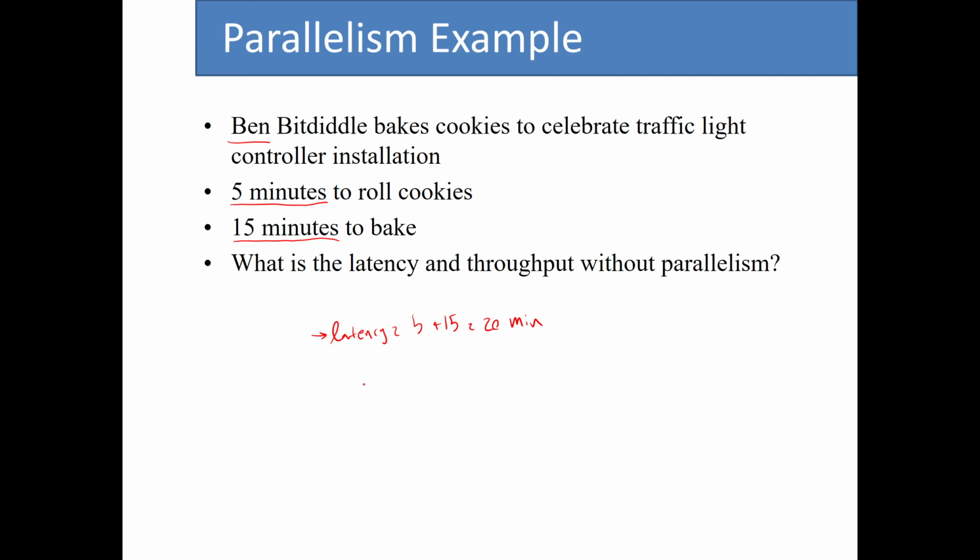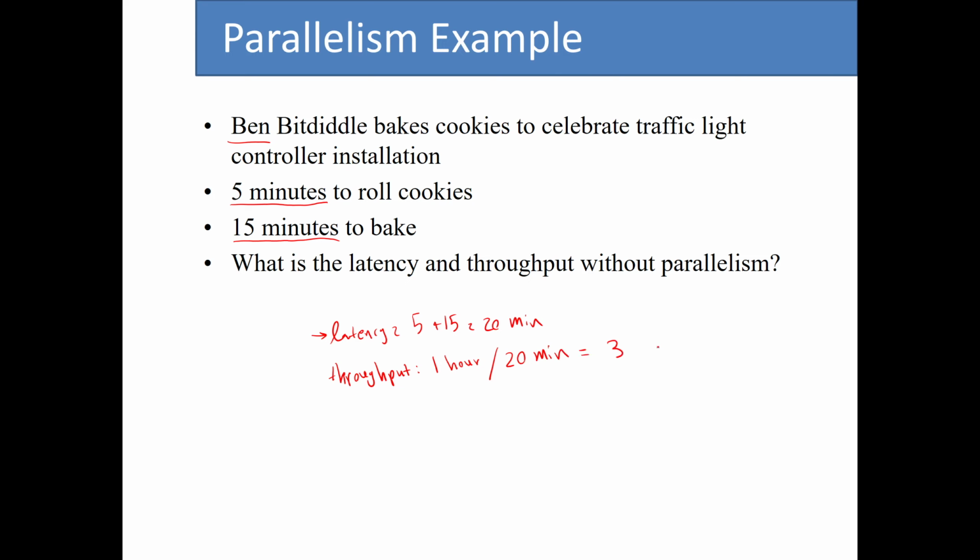What is the throughput? If you remember, we said the throughput is the number of units or tokens that are being produced per unit of time. Since each unit takes 20 minutes, we can consider the unit of time to be, let's say, 1 hour. So in this case, the throughput would be 1 hour divided by 20 minutes per tray.